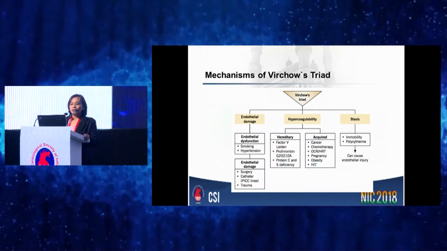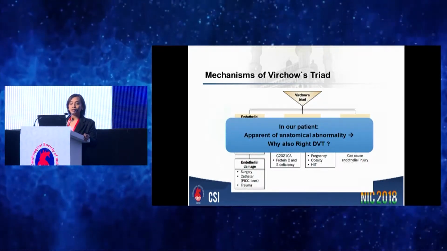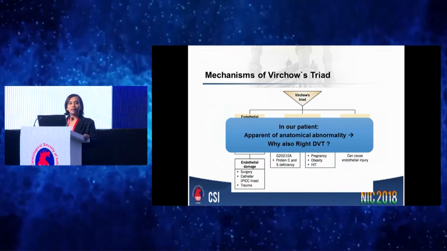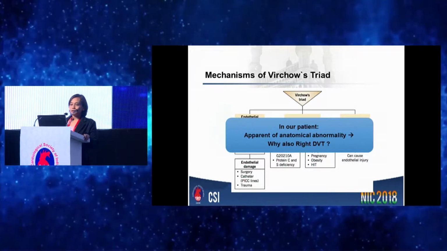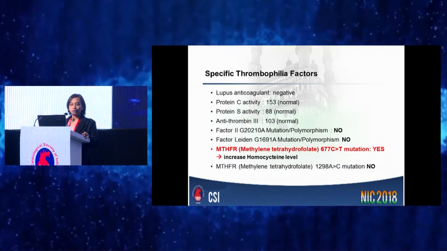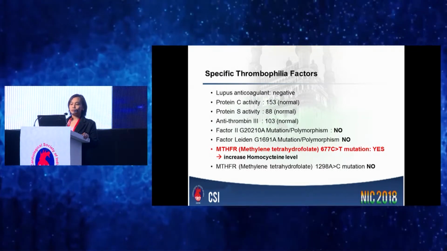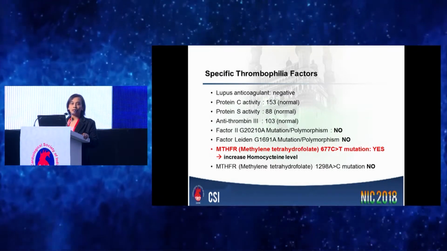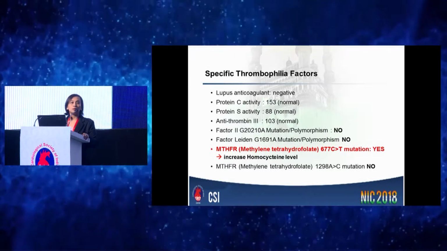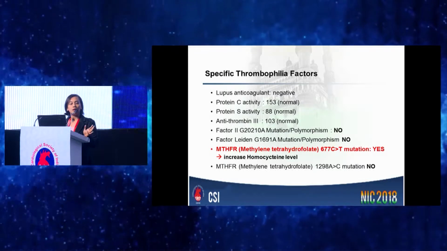So again, our question is, since our patient has an anatomical abnormality pattern, what happened with the right-sided DVT in this patient? Based on this clinical trial, we evaluated the thrombophilia factors, and this patient was found to have a methylenetetrahydrofolate reductase mutation, and later we found that he had an increased homocysteine level. This is an enzyme that may inhibit homocysteine metabolism.